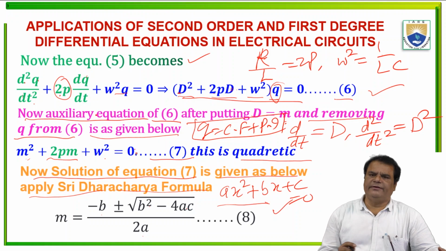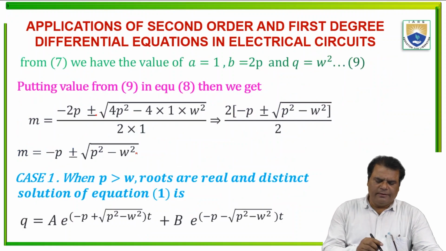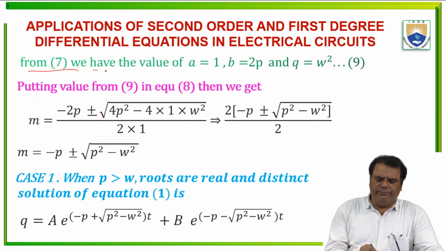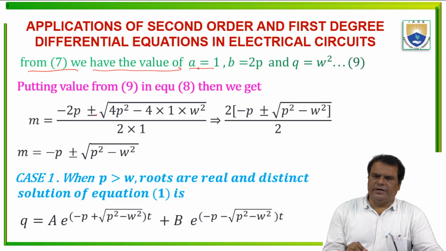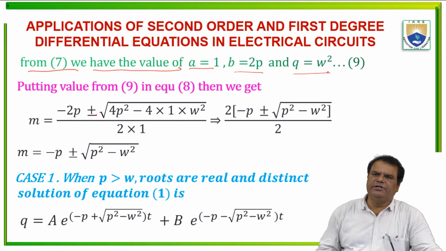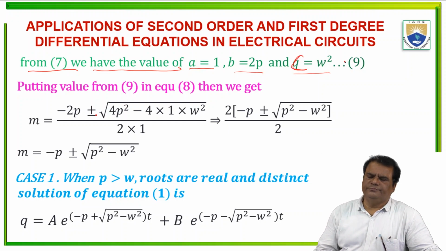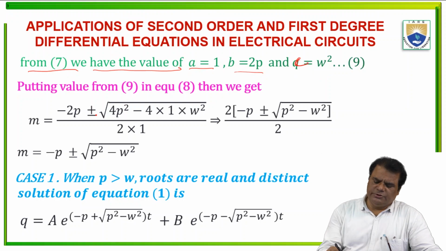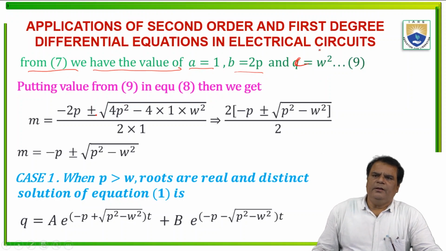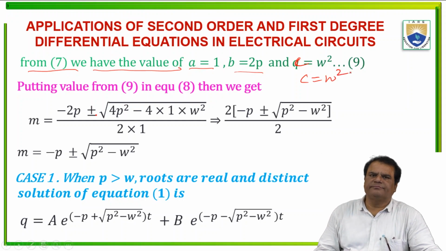This is equation 7. So now here from 7 we have the value of a is 1, b is 2p, and c is w square. Small c is w square.